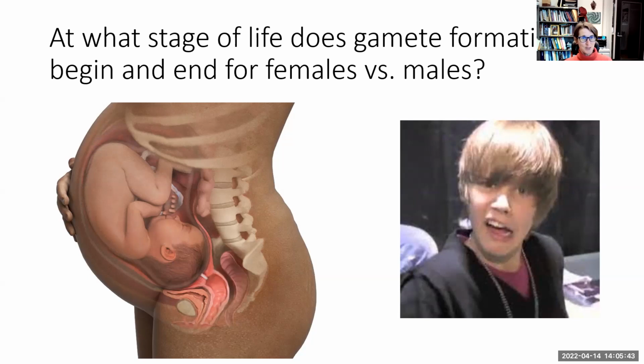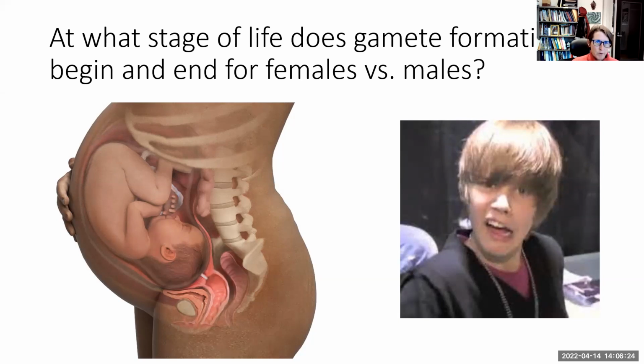And here are your clues. Extra points for anybody who recognizes our 13 to 14-year-old male. Yeah, that's the Biebs, Justin Bieber, at the age of 13, I think. So for females, the beginning of gamete formation starts in utero. When that female fetus is still inside of her mother's womb, her ovaries are already starting this process of meiosis, which is the cellular division that leads to gametes, eggs, ova.